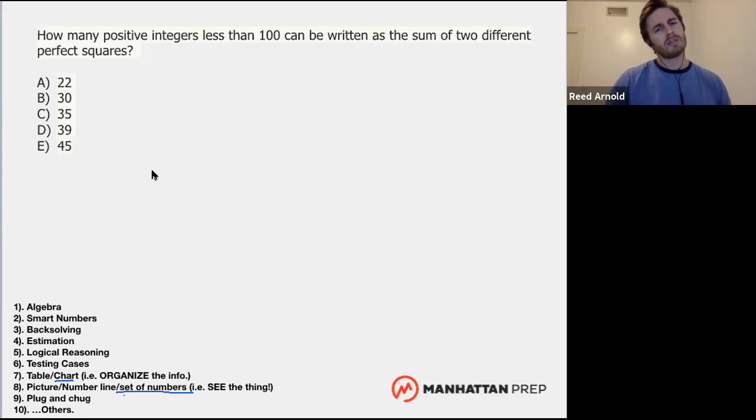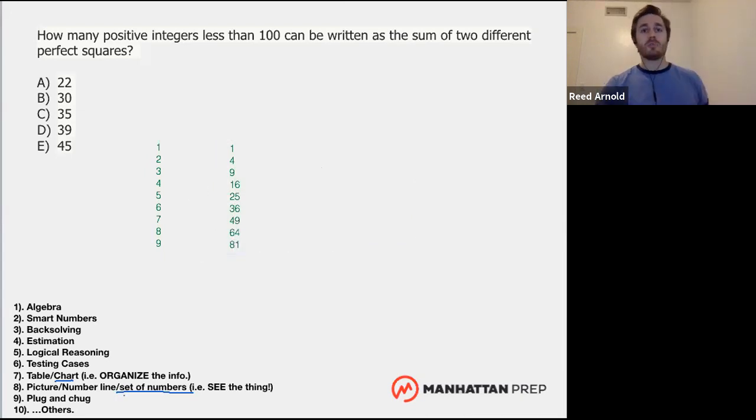Why would that be the set of numbers, 1 to 9? I might be misunderstanding something. 1, 2, 3, 4, 5, 6, 7, 8, 9. Why is that the set of numbers we care about? Because we then square those: 1, 4, 9, 16, 25, 36, 49, 64, and 81.